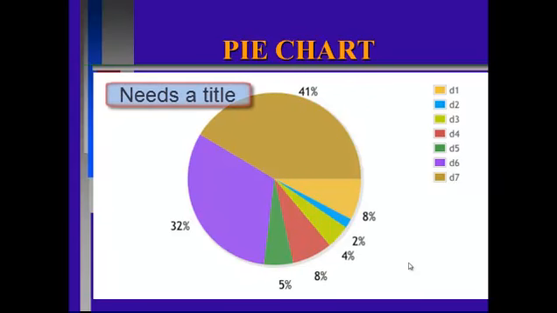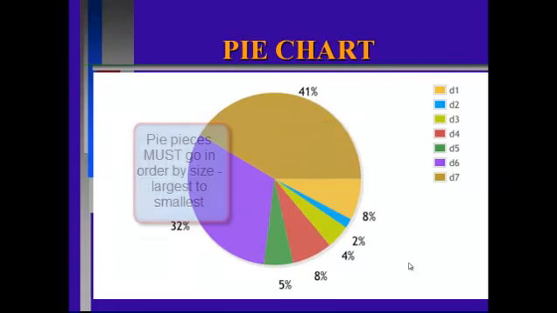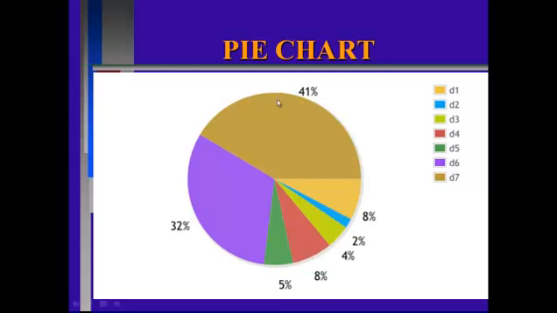You're right. The first thing is that it does not have a title. The second thing is that it does not have a source. The third thing, and this is kind of unusual and not a lot of people know this, is that the pie pieces are out of order. In a pie chart, it needs to start here, and the biggest pieces of pie are represented first clockwise until the smallest piece of pie.